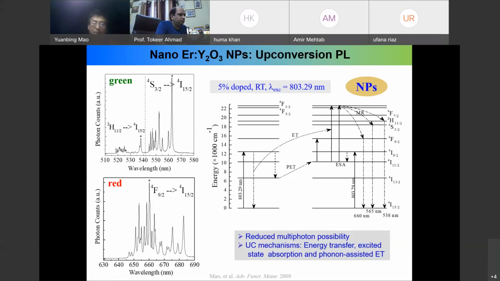For upconversion, that's one thing we always wonder, right? So this figure we proposed to try to explain what really happened. Basically here you can see this is the excitation, right? After the excitation, it could be possible to give back, emit, but a lot of times because this is for erbium, it can have energy transfer.